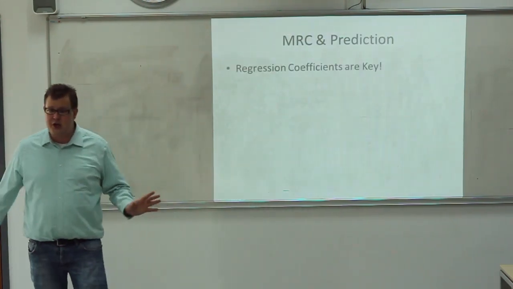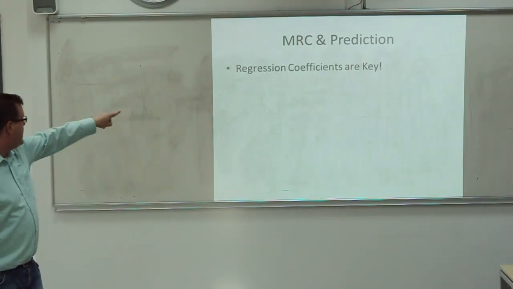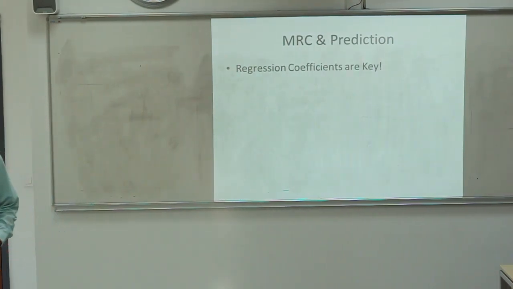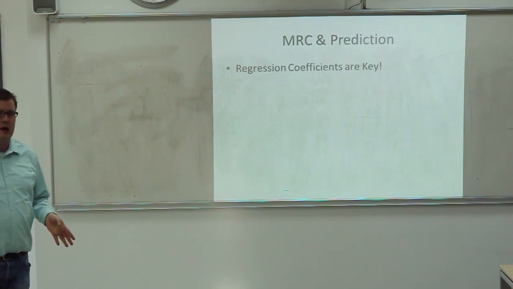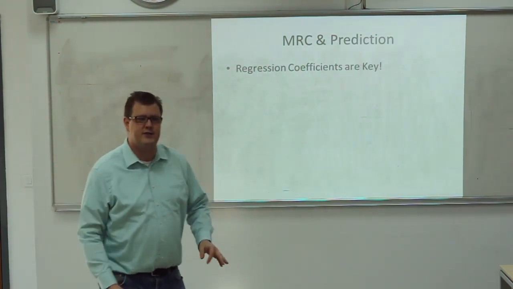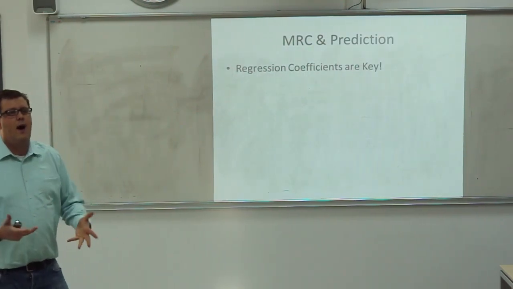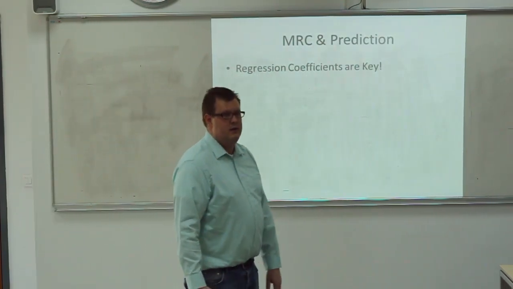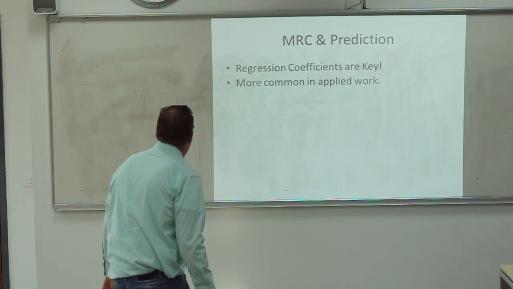With prediction, it's typically the regression coefficients that we're really interested in, not necessarily the correlation coefficients or the semi-partial or partial correlation coefficients. It's the regression coefficients. Why? That's a great question.